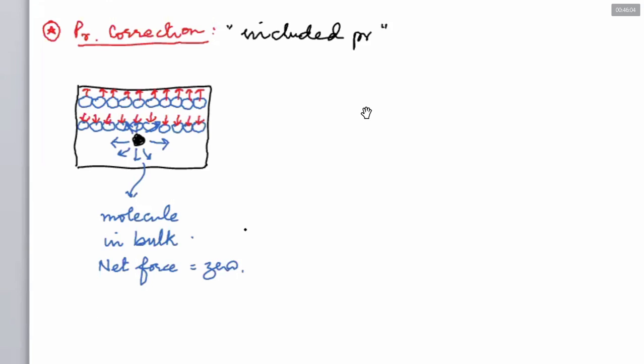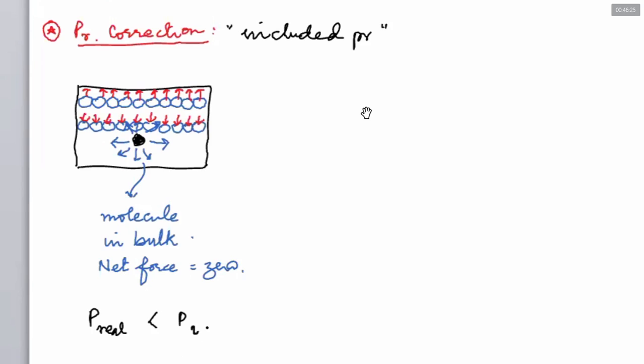Very simple. Suppose, for example, if you say included, this means you are accepting that pressure of real gas is less than pressure of ideal gas. You people are genius, you know that.